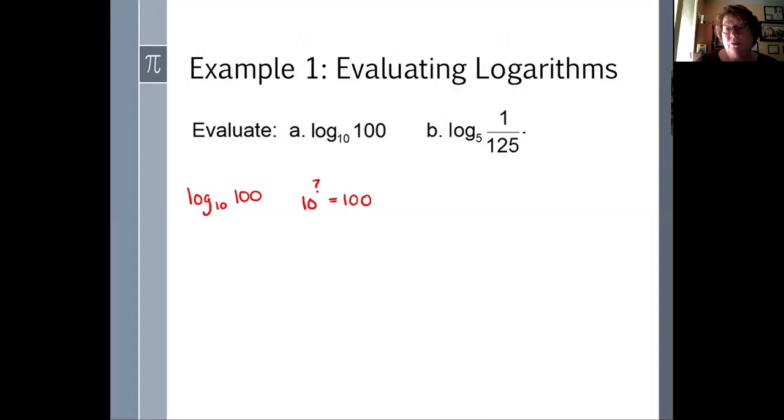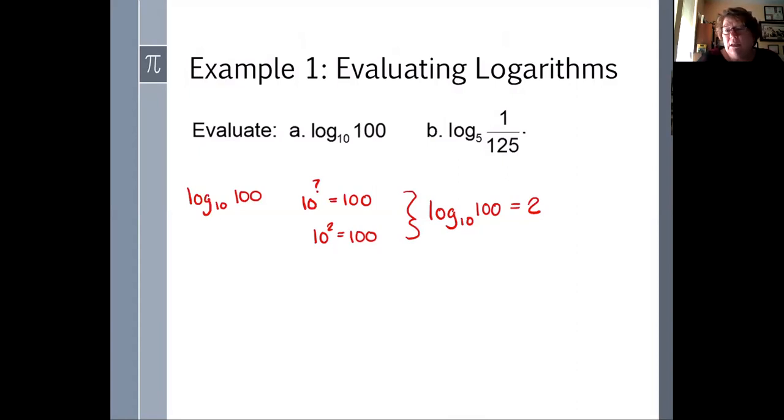Well, what do you raise 10 to get 100? Is that 2? 10 squared equals 100. So the log base 10 of 100 is 2, because what do you raise 10 to get the number 100? You raise that to the second power.